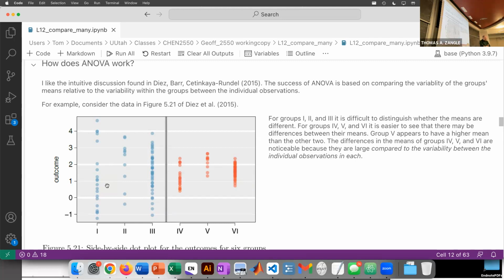So what we're doing with analysis of variance is, again, we're not yet asking the question of, is this one different than this one, right? If we only had two groups, we would use the t-test and just compare, let's say, this group to this group.